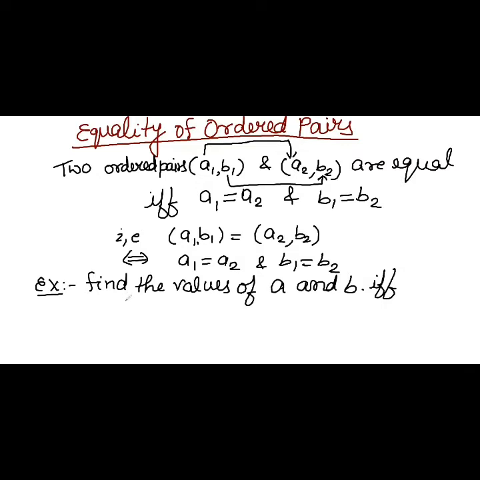Means (3A minus 2, B plus 3) equals (2A minus 1, 3). So these two are equal. We have to find out A and B values. So I'm going to solve here.